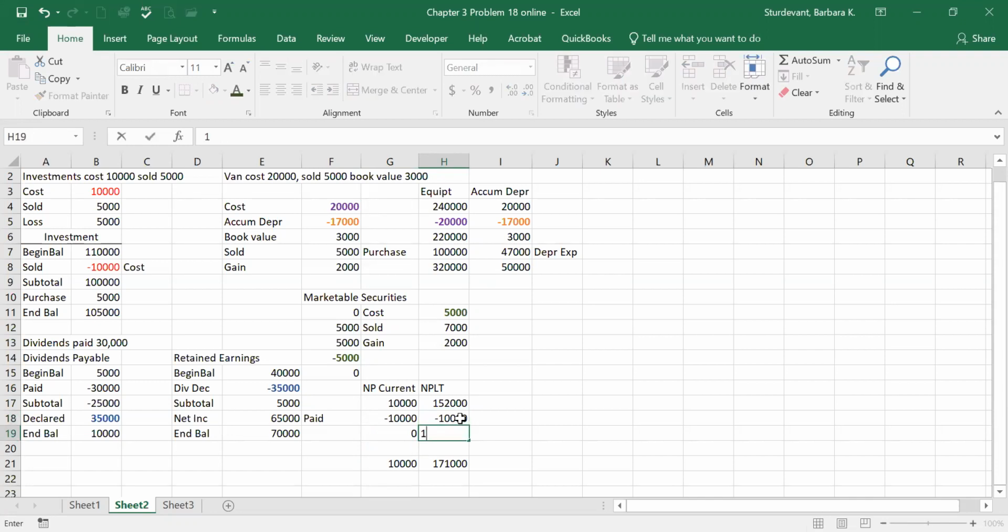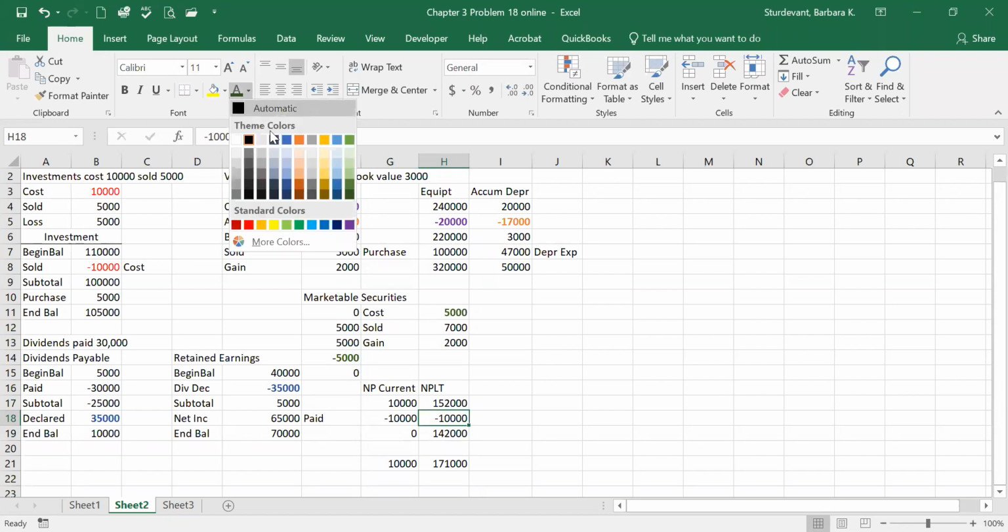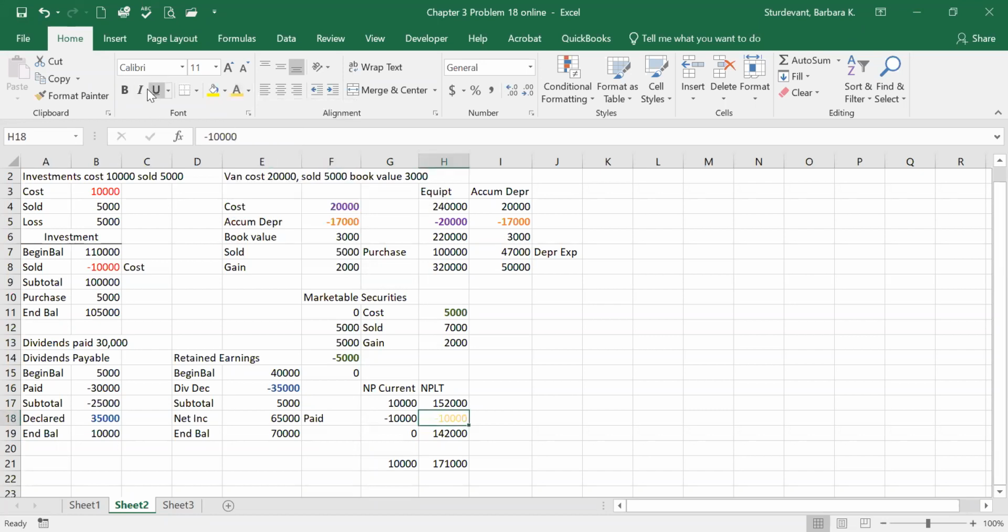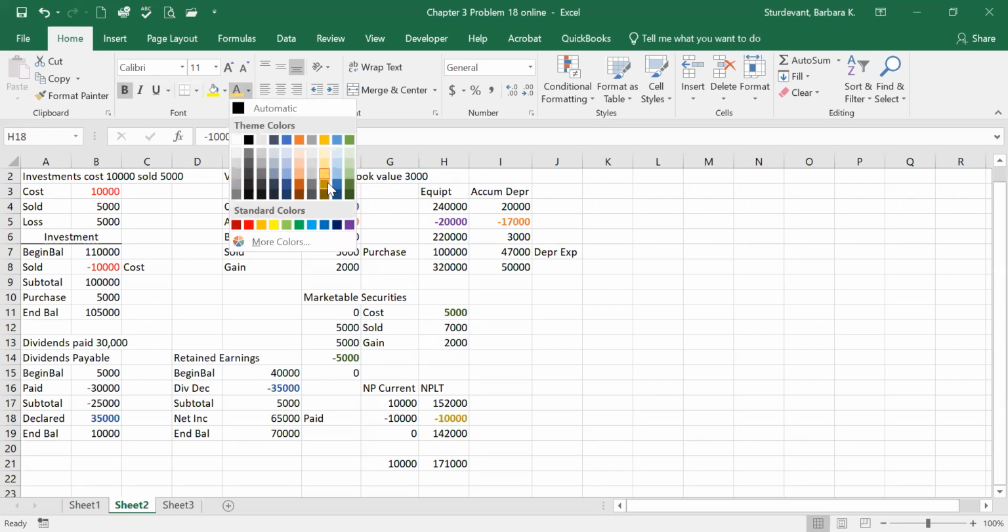This gives us 142 here. Okay, and that 10,000, let's see what color I haven't used yet. It's pretty ugly, but we'll use it anyway. It's kind of hard to see. I will go brown.